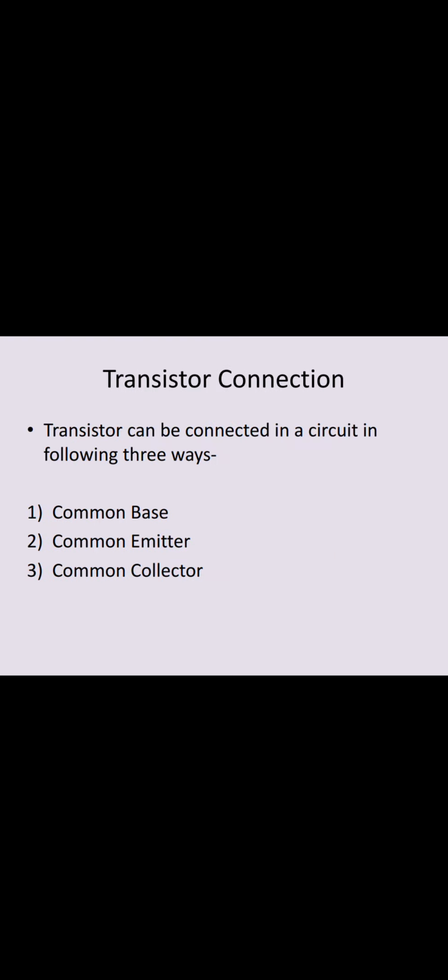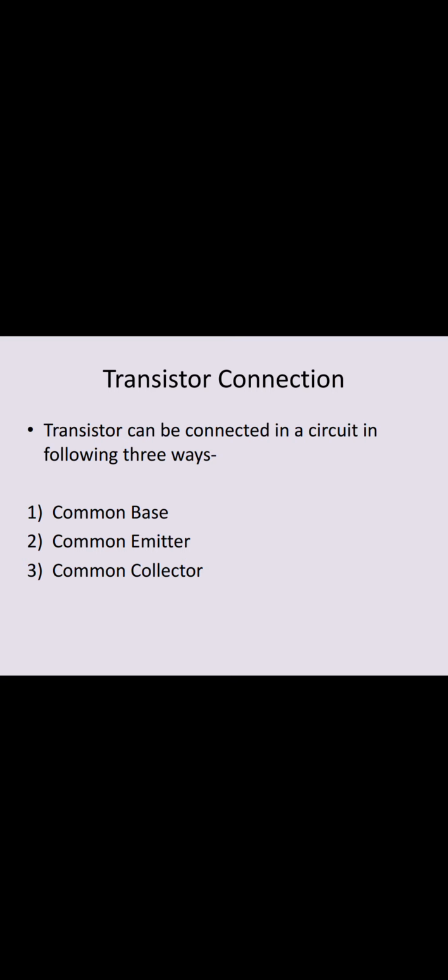Next, we can see the various transistor connections. There are three main connections, also called the modes of operation. One is the common base mode, the second is the common emitter mode, and the third is the common collector mode.